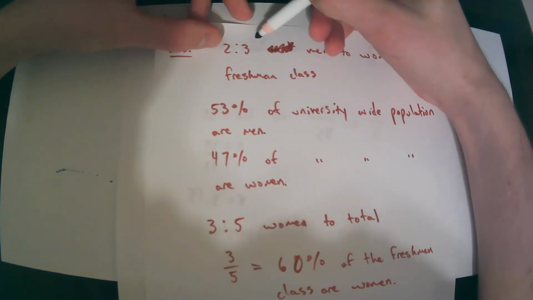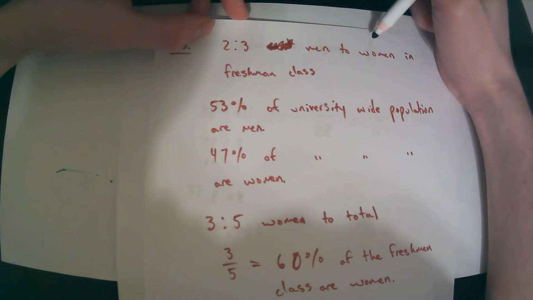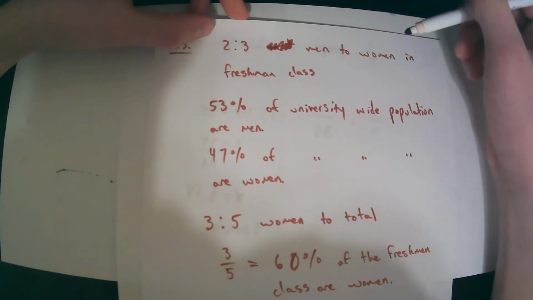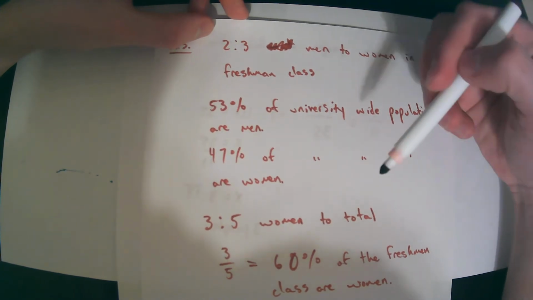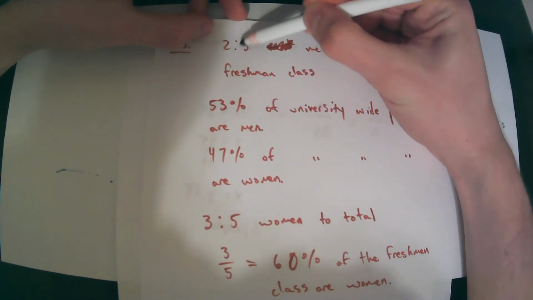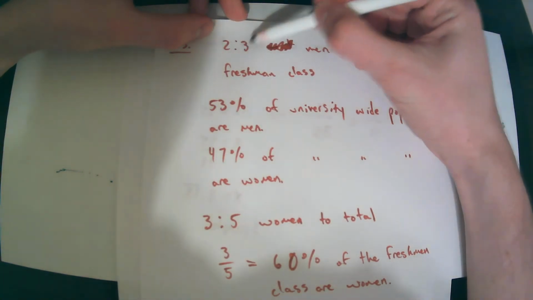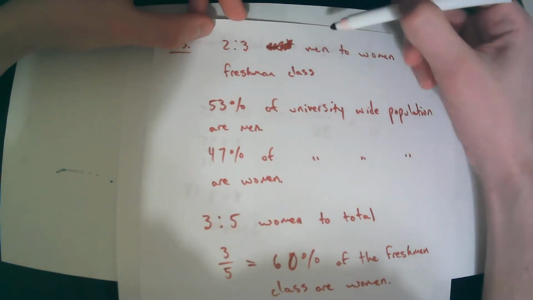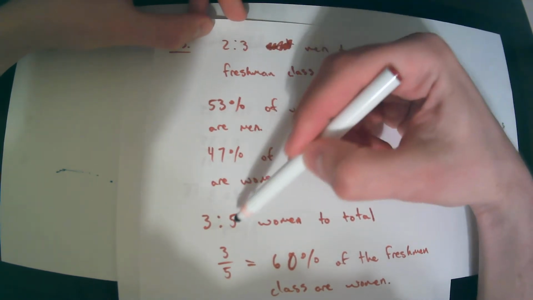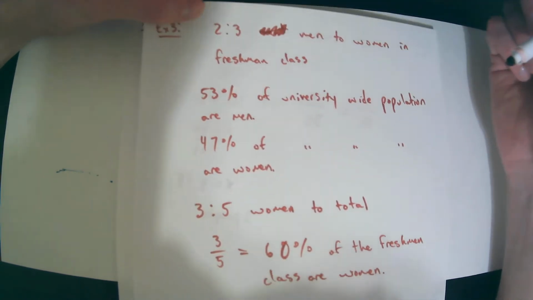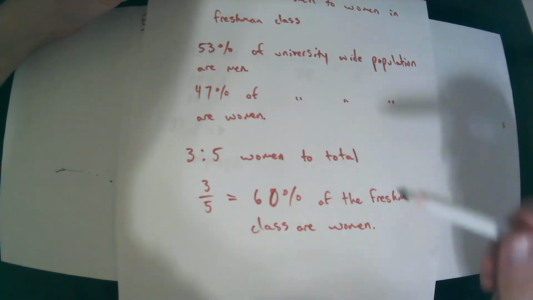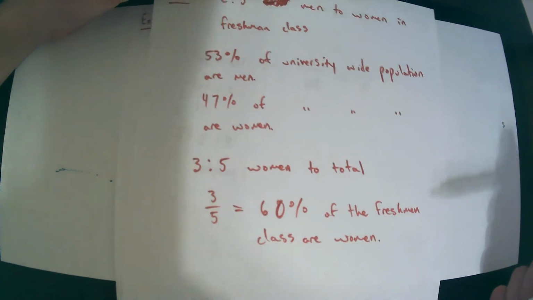If you've got a ratio written as men to women and you want to know the percentage of women, then you've got to get it to be women to total. The way to do that is to take the number associated with women, which is of course 3, and its denominator should be the sum of both of these. So that's where I got the 5 from. And then from there, just converting it to a fraction, then to a percent, and then comparing the percents.